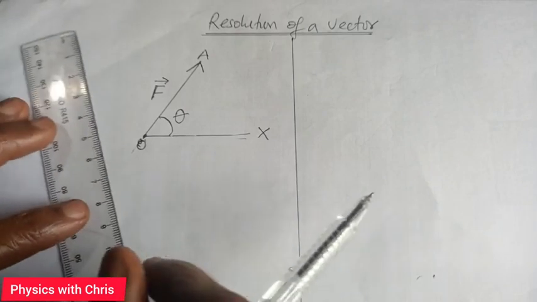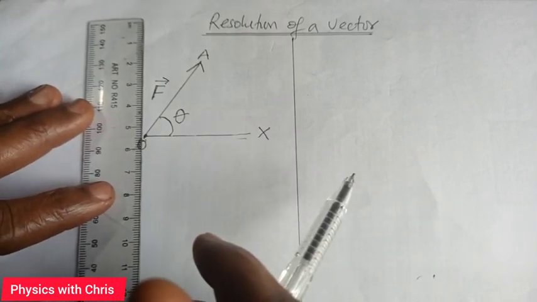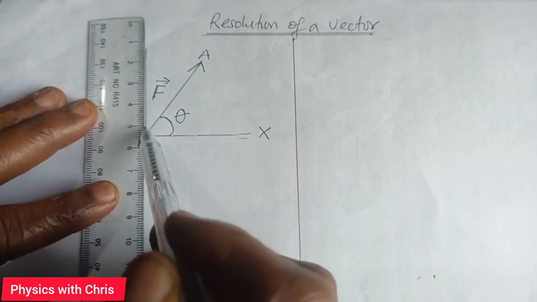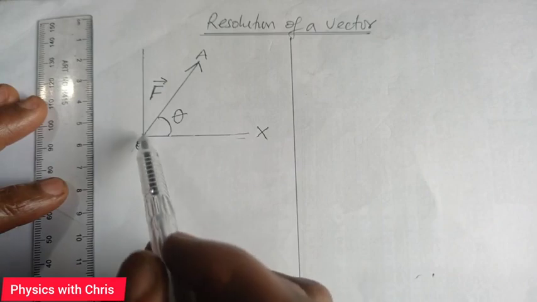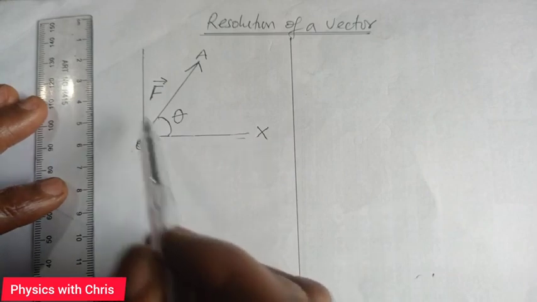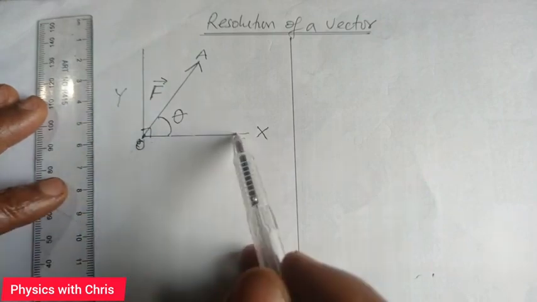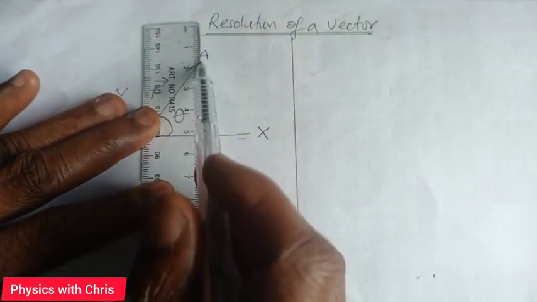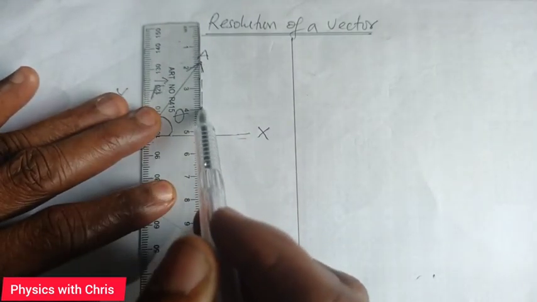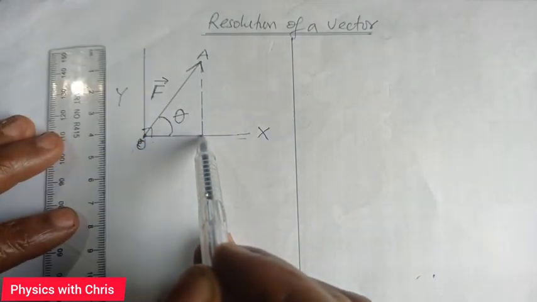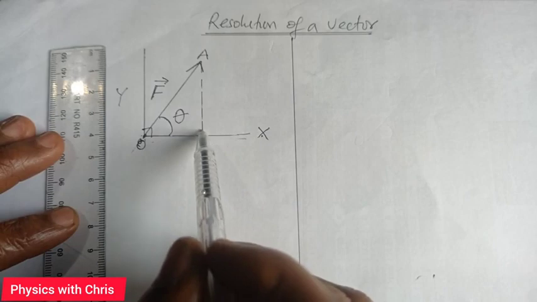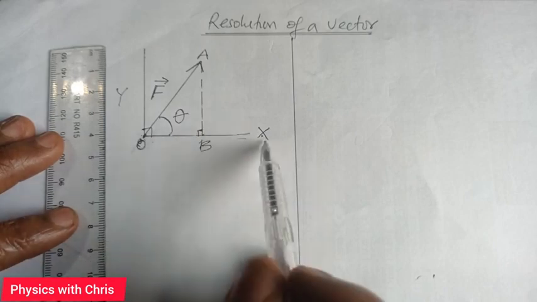So what I'll do is to draw my axes x and y. I need to first of all draw the two perpendicular axes, the y axis and the x axis. And then I'm going to drop a perpendicular from the head of the vector to meet the OX line at point B, such that this makes angle 90 degrees with the OX line.